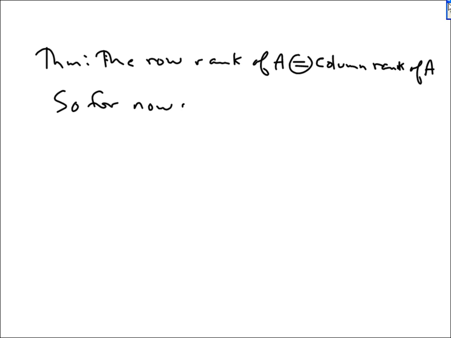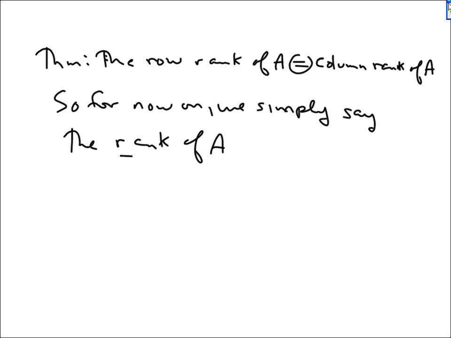So from now on, we simply say the rank of A. There's no reason to say the row rank or the column rank, because they're the same.